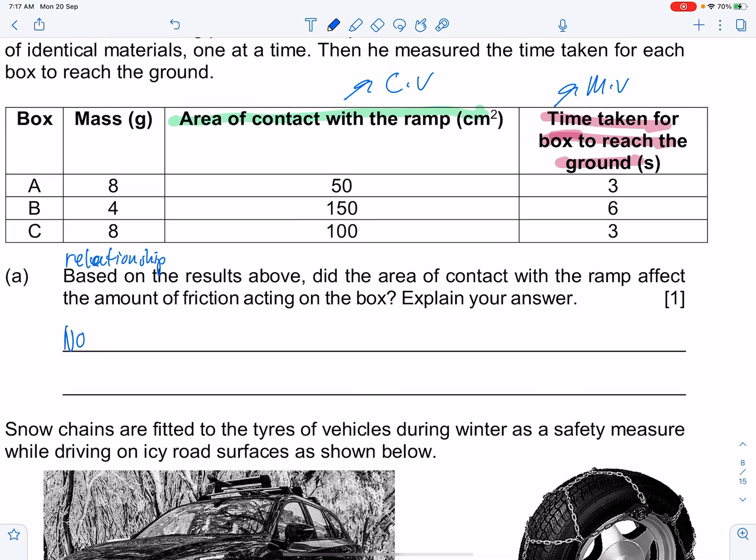So no, boxes A and C have the same mass, but different areas of contact with the ramp.